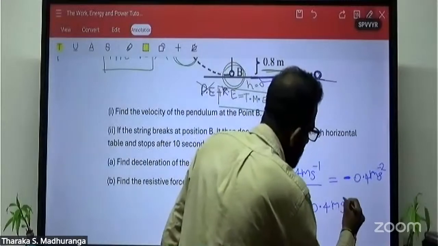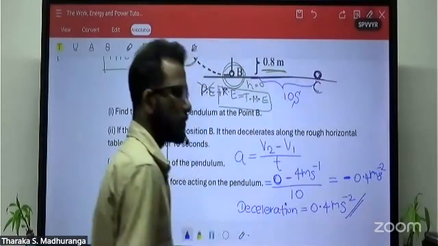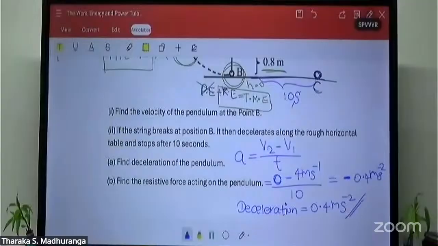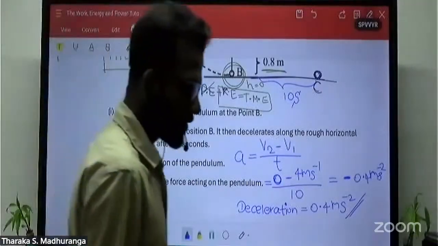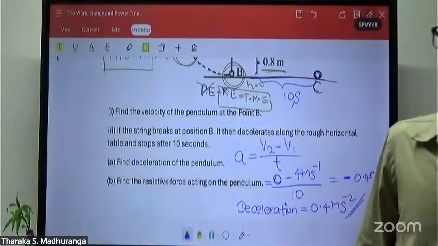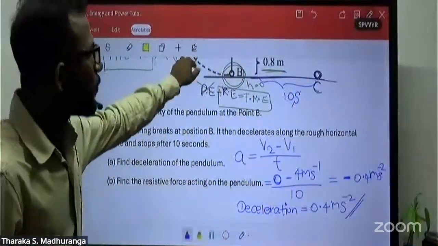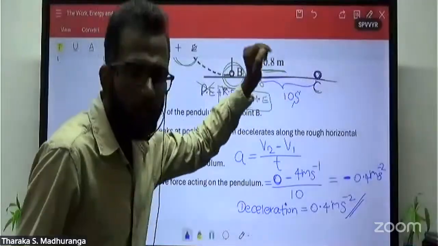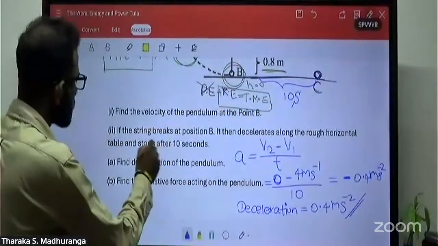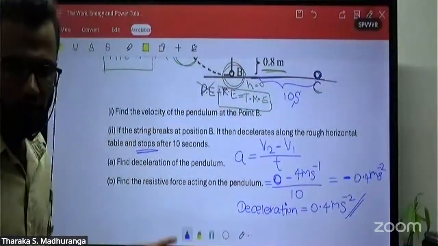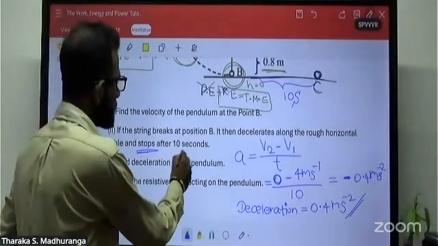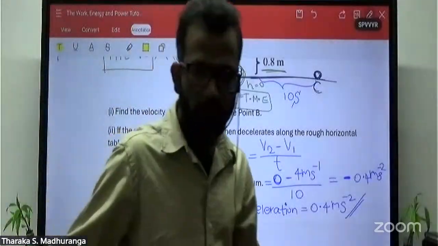This is the answer. Simple, no? That's an O-level question, not A-level. The B point velocity you already know, that's 4. Then to C point it stops within 10 seconds. Understood?